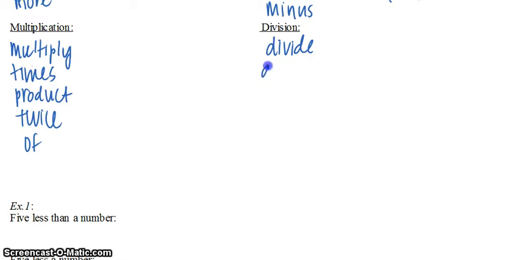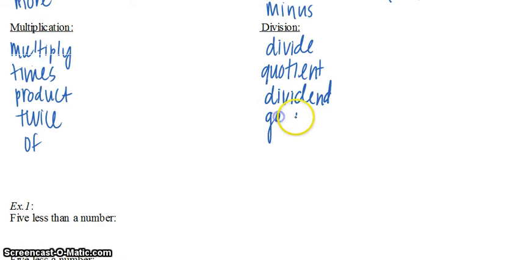We have quotient, which is the answer to a division problem. Dividend. Go into. And split can also be used for division. It just depends on the context, so got to be careful with that.